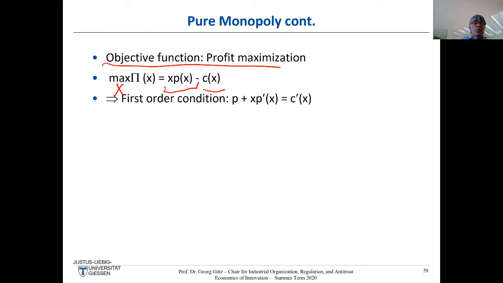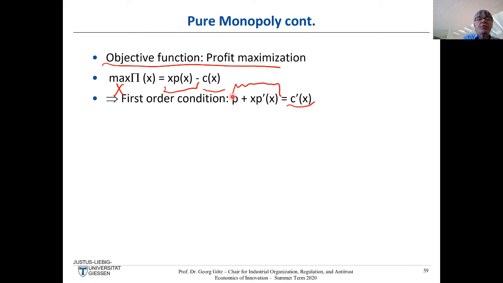The first order condition is then derived by taking the first derivative of the profit function with respect to X. Here what we have then, of course, is marginal revenue: price plus something is equal to marginal cost. And I learned that I could also use the laser pointer.